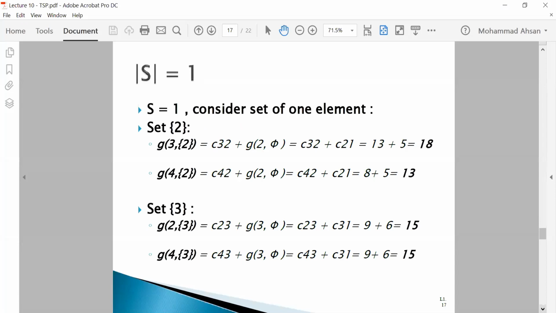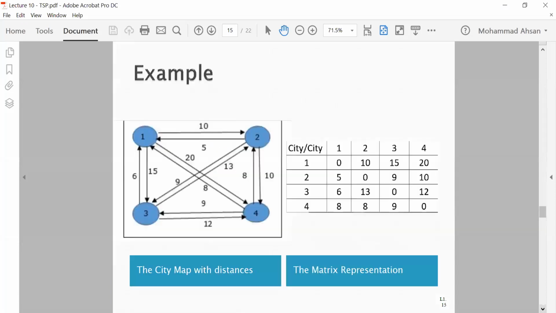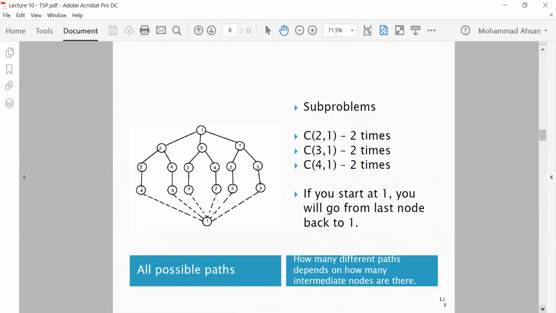your subset basically, let's go back to here. Okay, so when you are at this level, there is no other intermediate vertex you can go to.